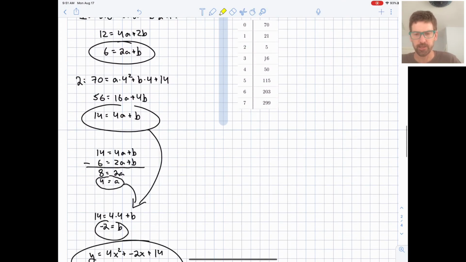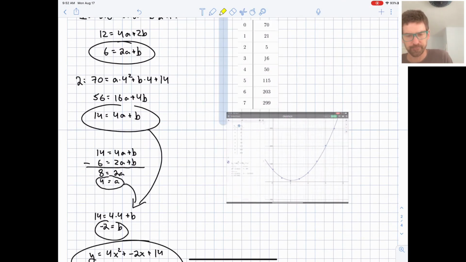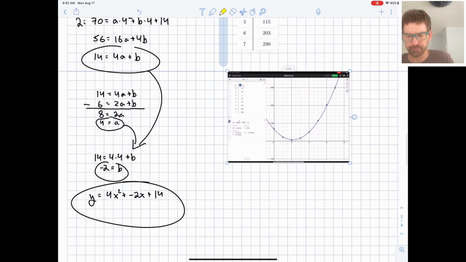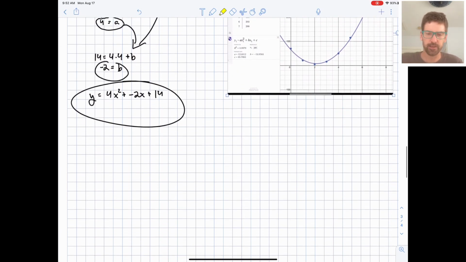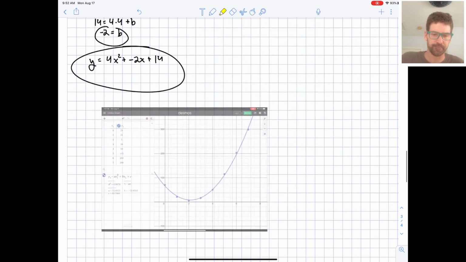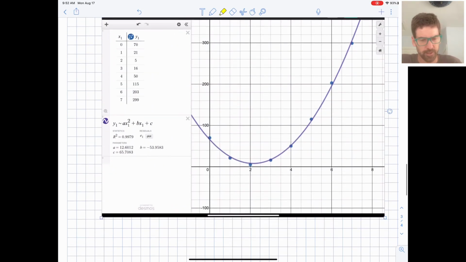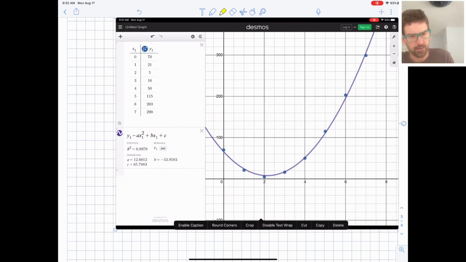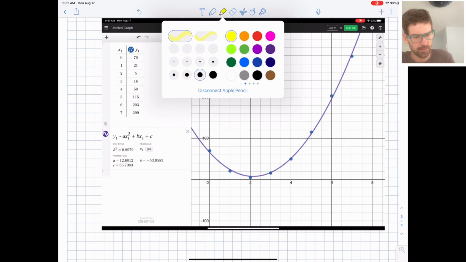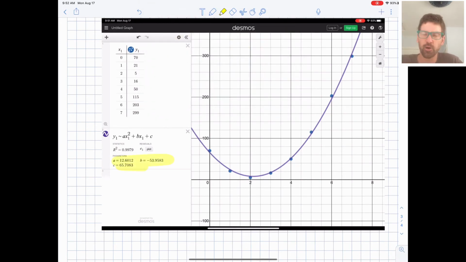Okay, so I'm going to paste it right down here. Let me actually go way down here so I can fill the screen with it. All right, so we got some good results. We have our coefficients right there, and we can write out standard form.